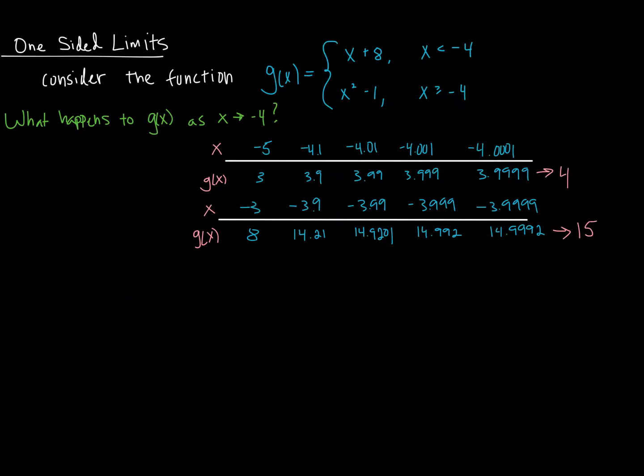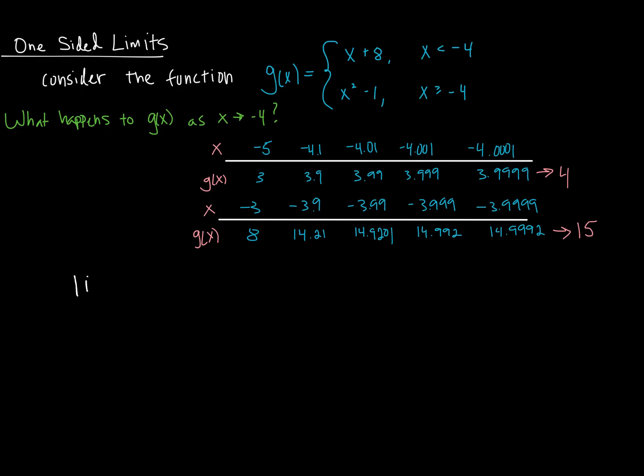All right, so how can we write this? Notice that what we've done is we've found two limits, but they're different in that when we approach from one side, we get a value of 4, and when we approach from the other side, we get a value of 15. So let's start with approaching from the left-hand side.